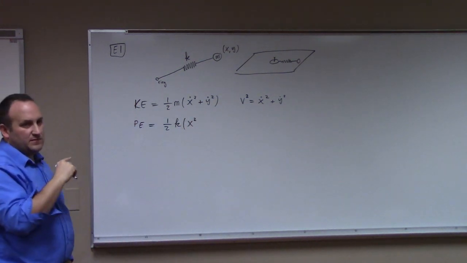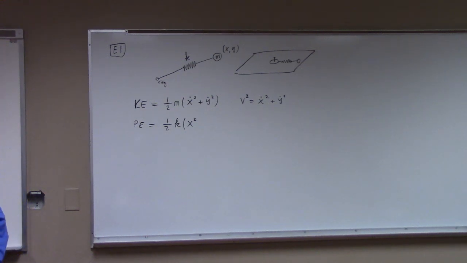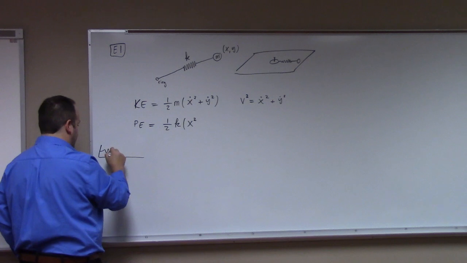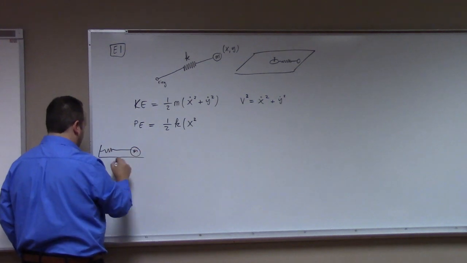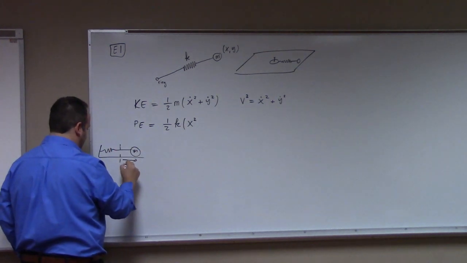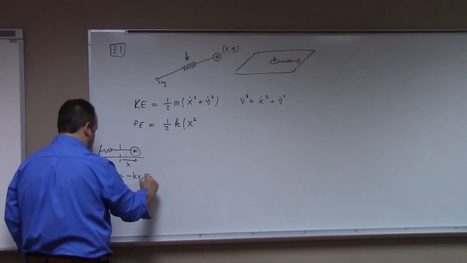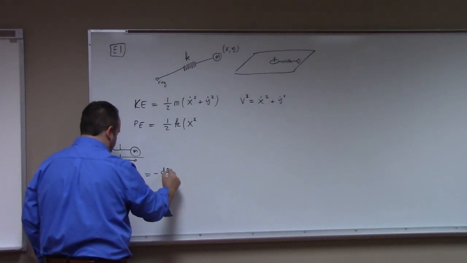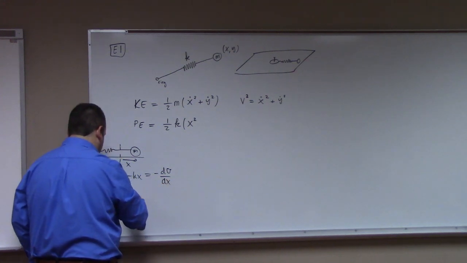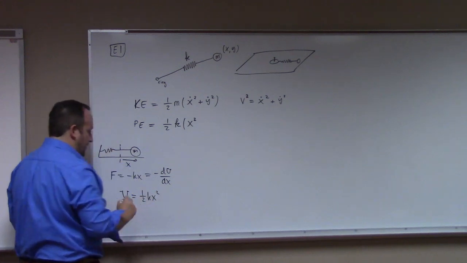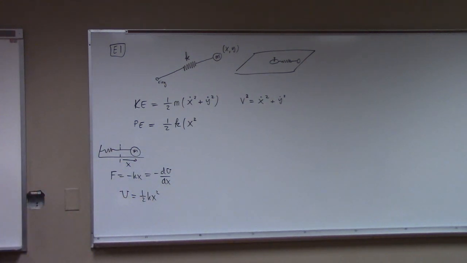That would be for a one-dimensional spring, like this, right? So this is x. F is equal to minus kx, and that's equal to minus du/dx. You recall from physics 231, we found that u was 1/2 kx squared, setting the potential energy of the uncompressed, equilibrium spring to be the zero potential, right?